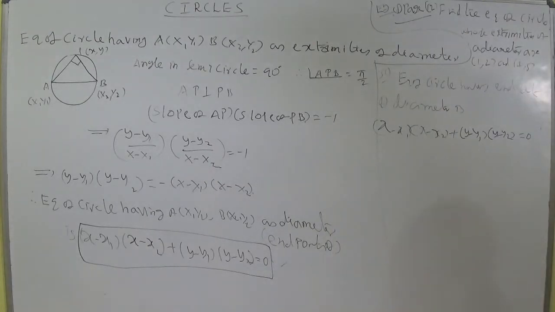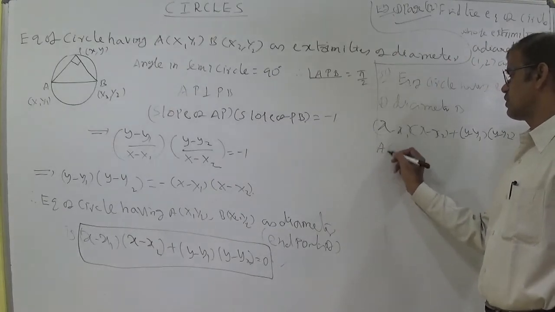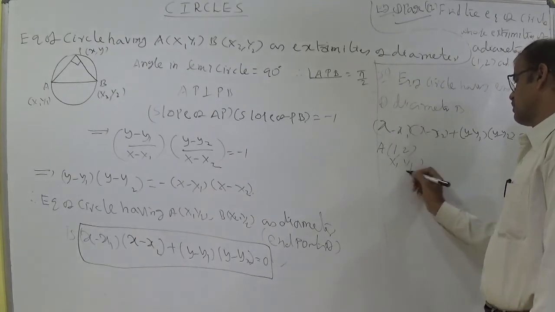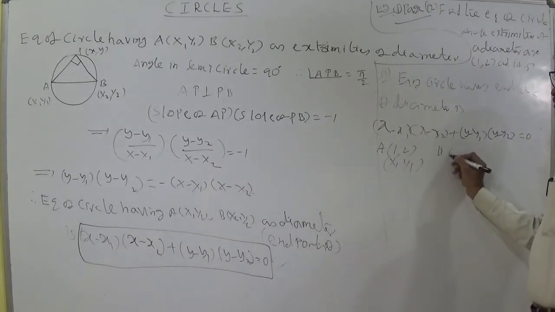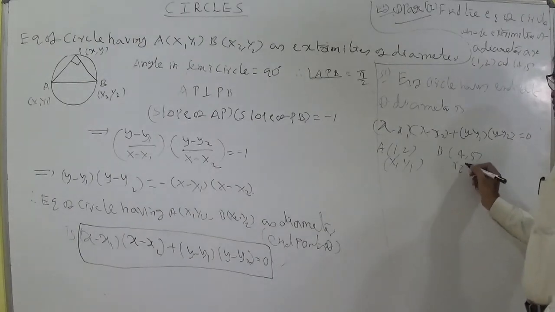Whatever the 2 points given, you should consider the first one A(1, 2) as x1, y1, and the second one B(4, 5) as x2, y2.